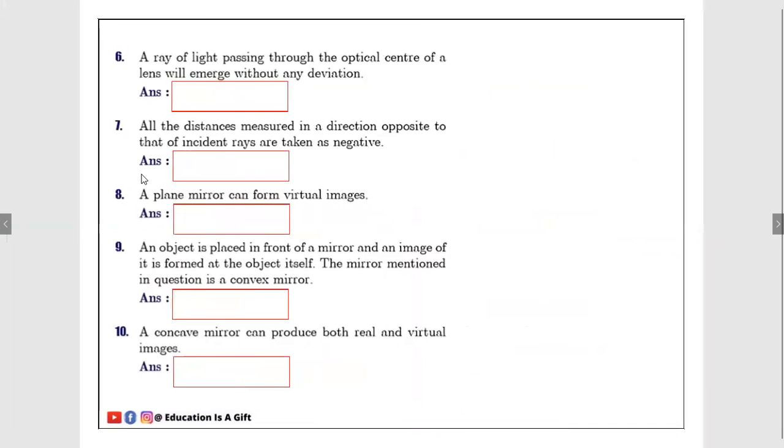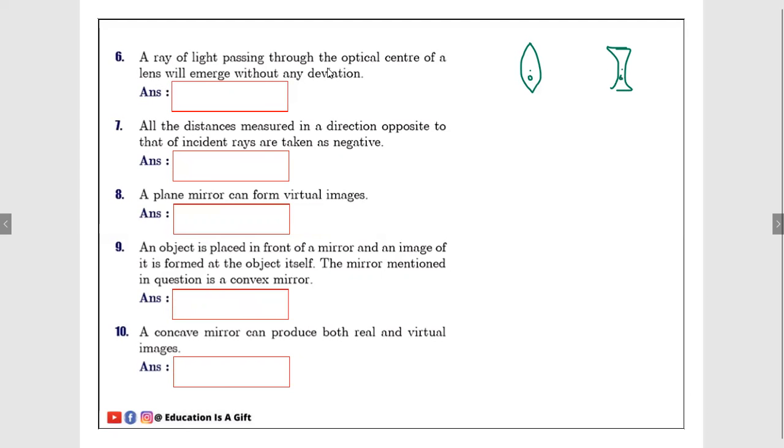Number six: a ray of light passing through the optical center of a lens will emerge without any deviation. Here they didn't mention any particular lens. You can take a convex or concave lens. In both cases, the center point of the lens is the optic center.